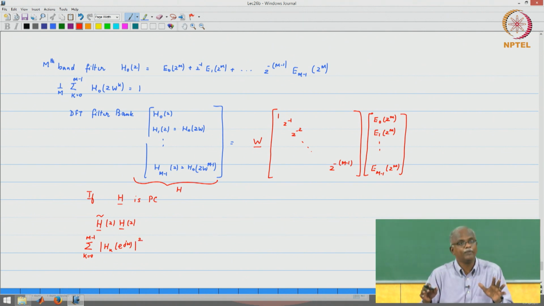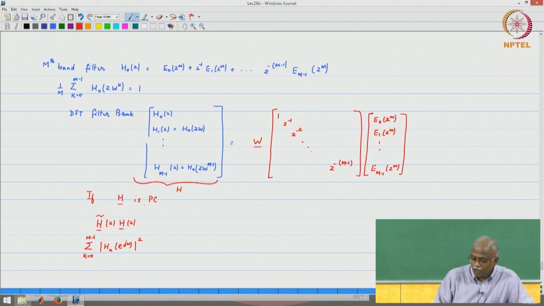That is power complementary. But if I want to write it in a general form, the power complementary property should be enforced in this fashion: this should be equal to a constant.